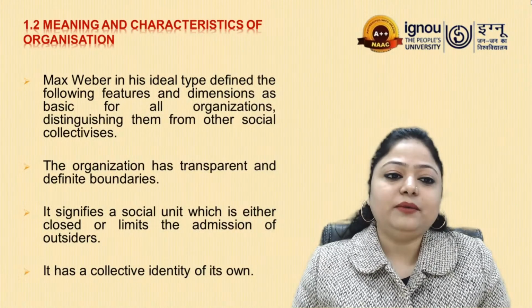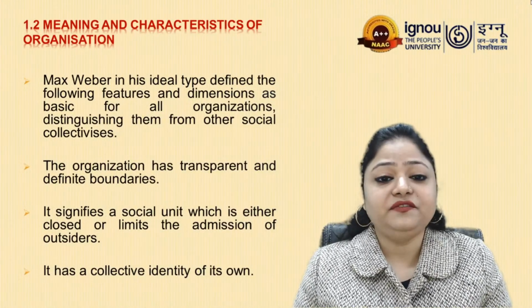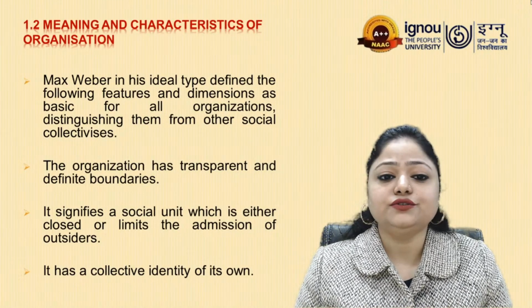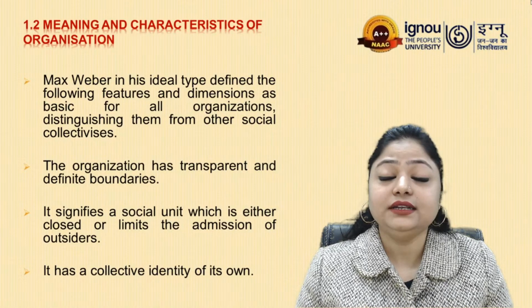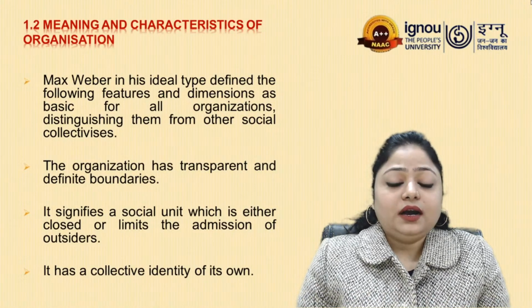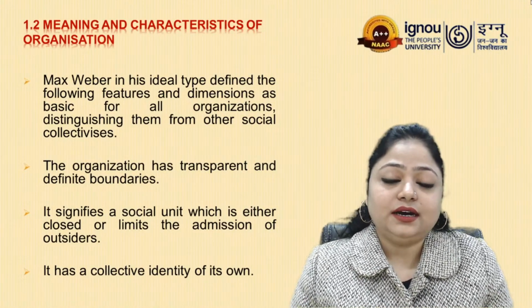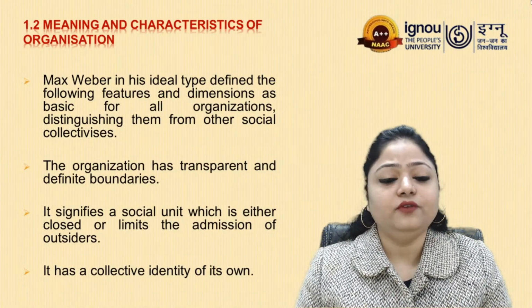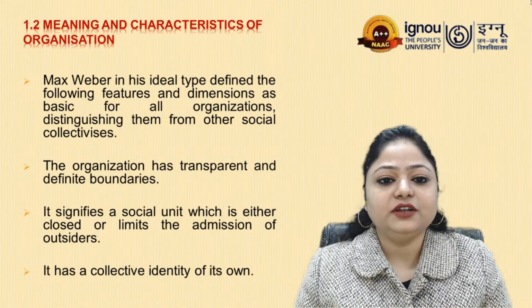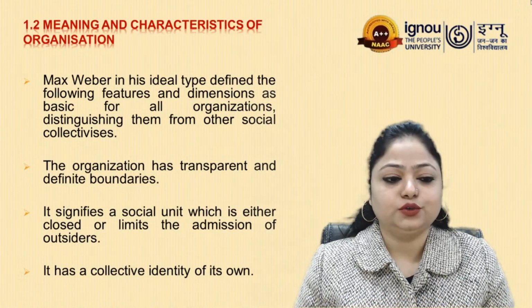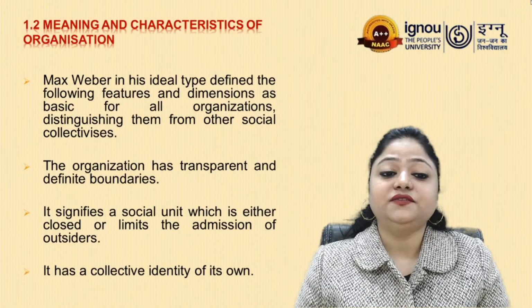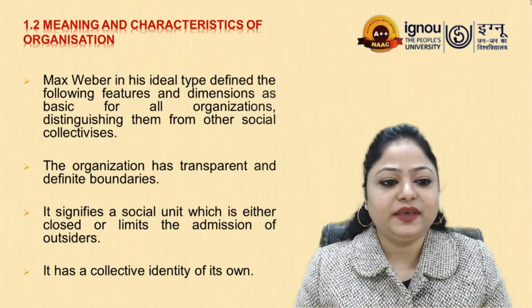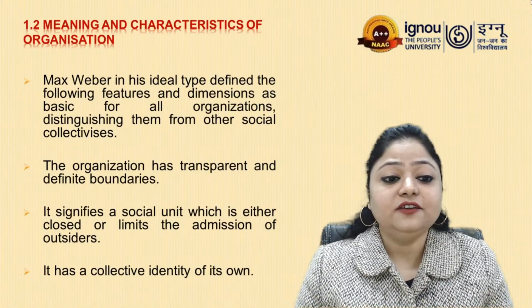Okay, then Weber, in his ideal type, defined the following features and dimensions as distinguished from other social collectivities. Now, other social collectives are various organizations or various groups which are informal in nature, but here we are talking about organization as a formal group. So, organization features as per Weber's definition is that it is transparent and has definite boundaries.